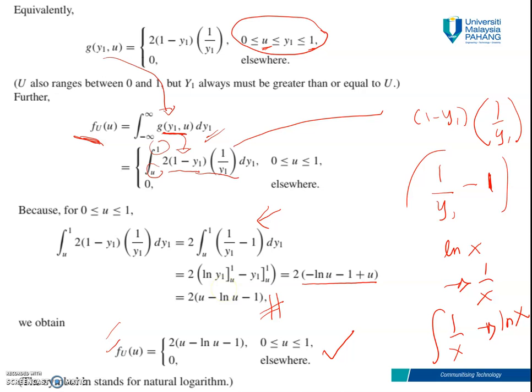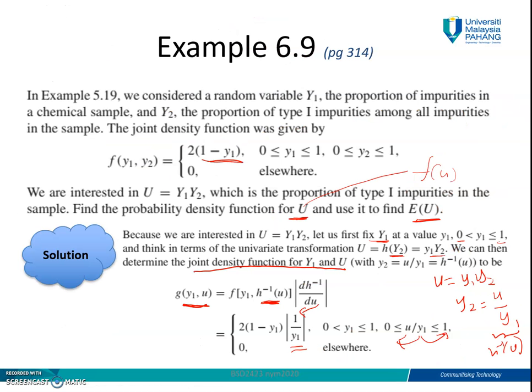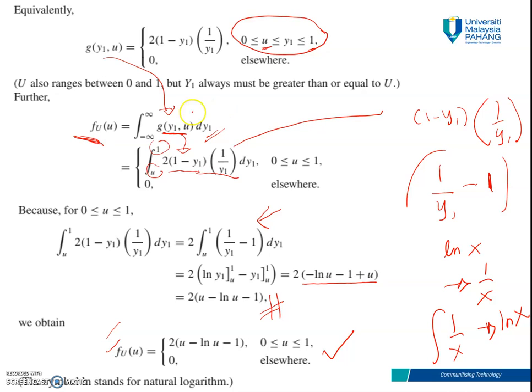All right, so similar for this example, the steps: first, you let one of the variables be fixed, and then you use the other variable to do the transformation, and then find the joint density function for the fixed y. You choose u, and then you find the marginal density function of u.